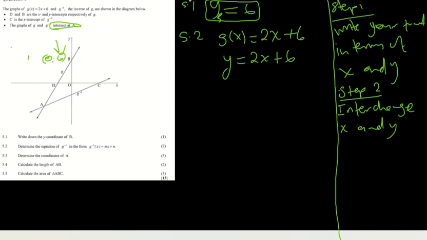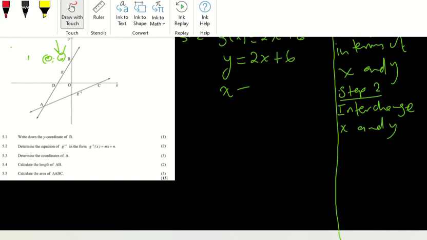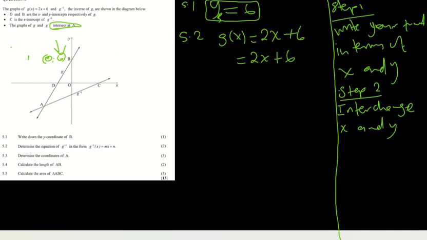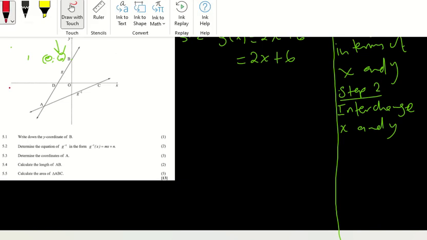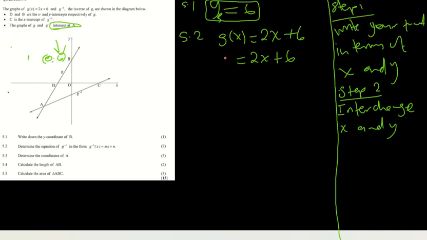I should have used different colors here, but then it's okay. I think people will notice. Let me use different colors, guys. I'm sorry. Let me wipe this one out, then I'll take another color, red. So I have y equal to 2x plus 6, right?